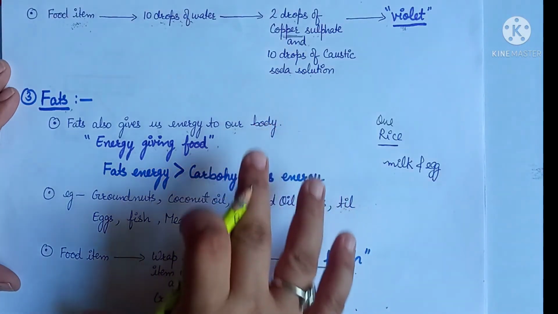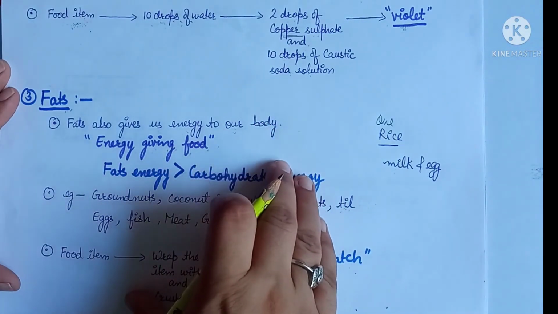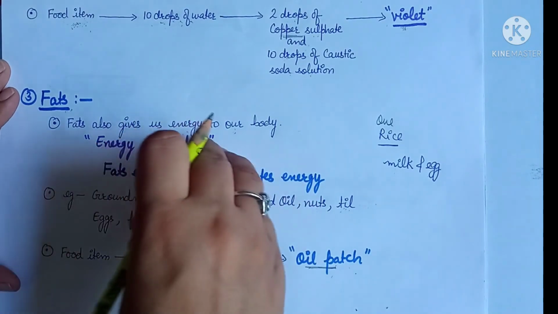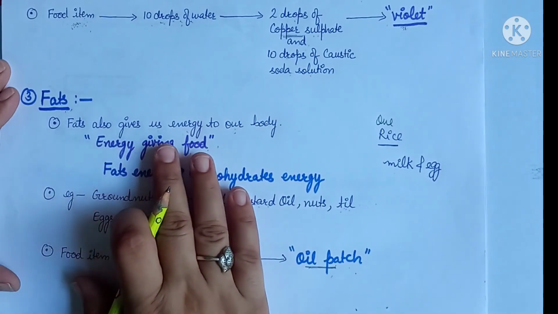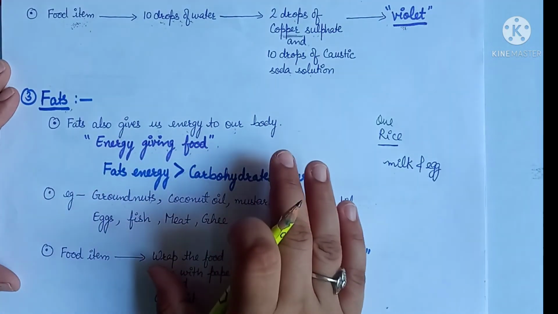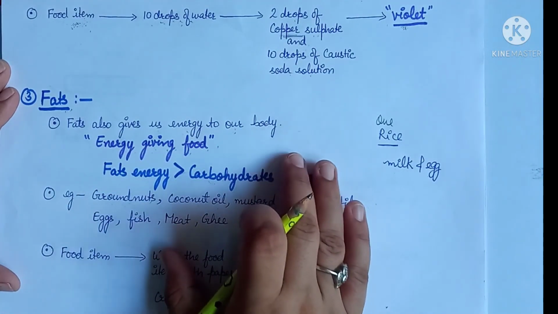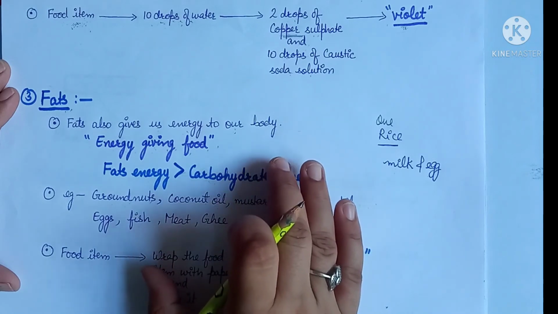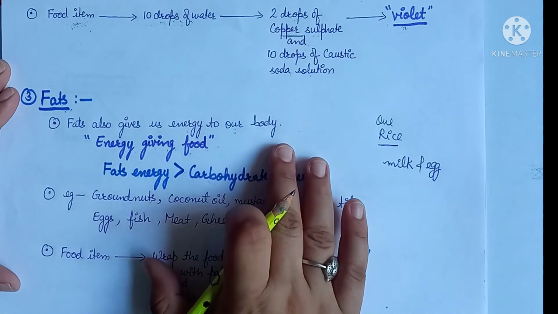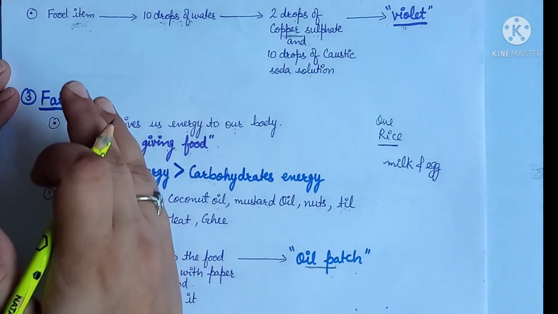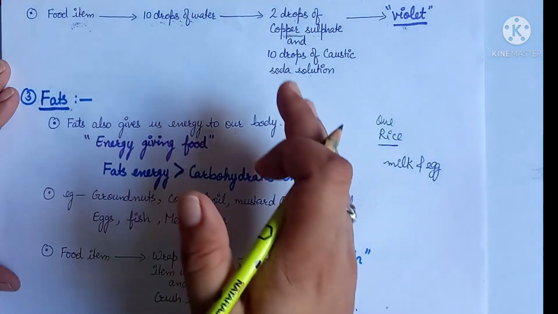Now we have done the 3 different tests for carbohydrates, protein as well as fats. Now the question arises, does a food item contain more than one nutrient? Is there any food item which has more than one nutrient? This question arises by understanding carbohydrates, protein and fats.